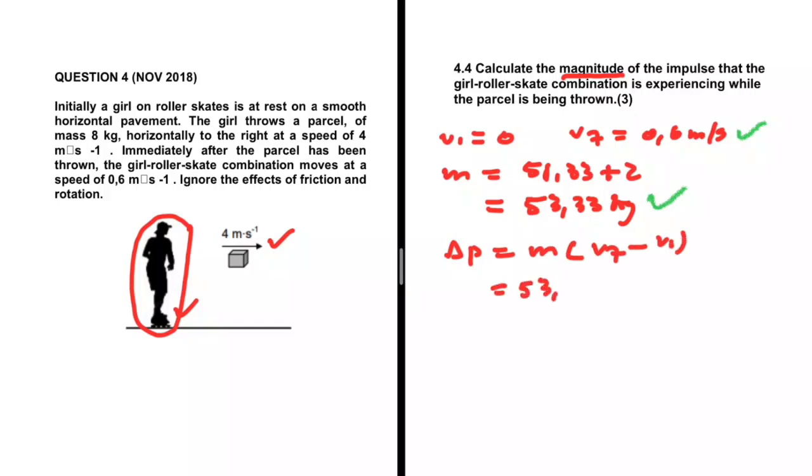The mass is 53.33 multiplied by VF, which is 0.6 to the left, so minus 0.6, minus VI, which is 0. So the impulse is minus 32. We're only interested in the magnitude, so we don't have to stick with the direction. Minus 32 kg meters per second.